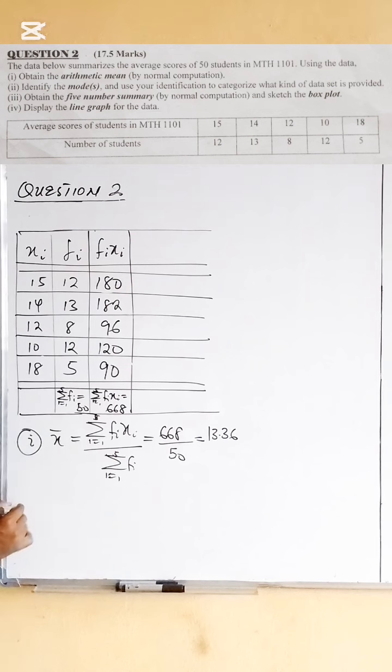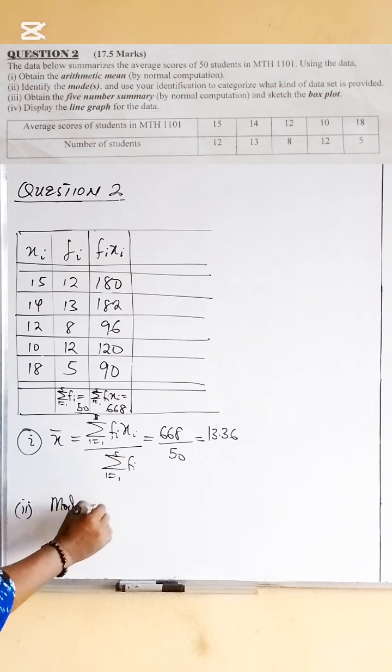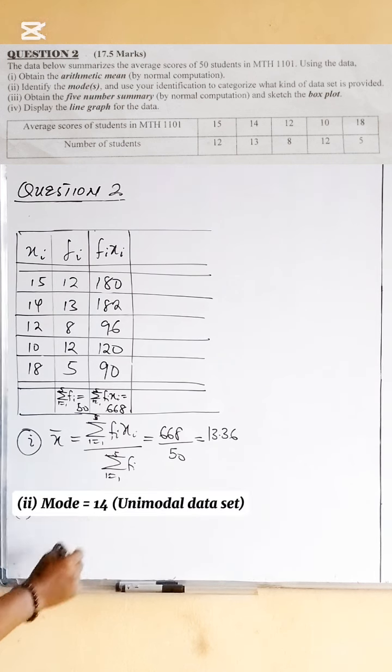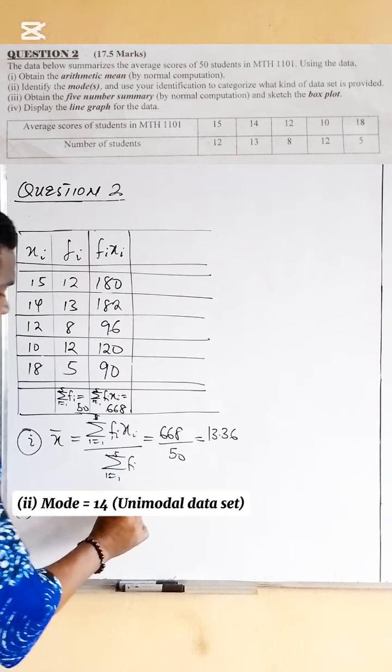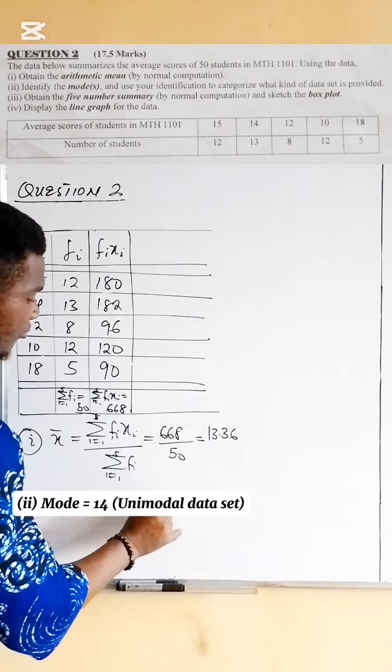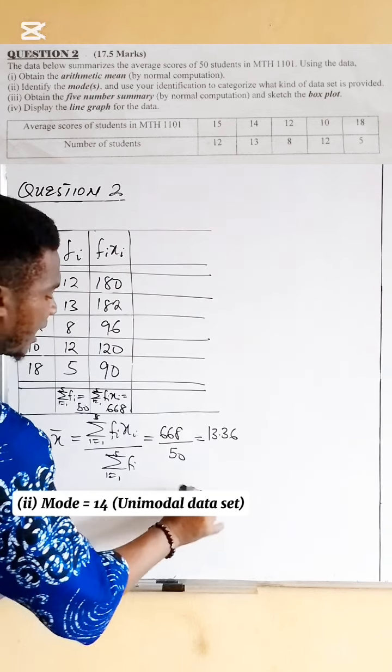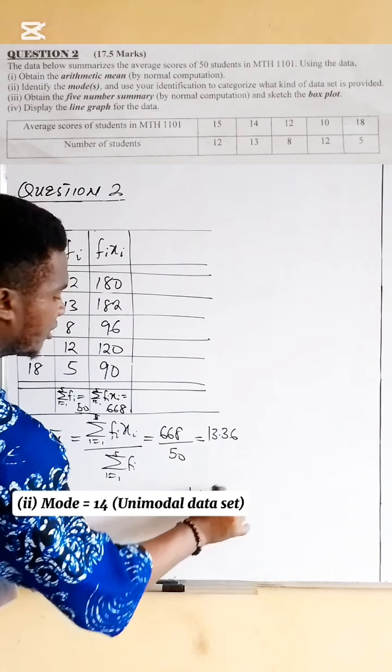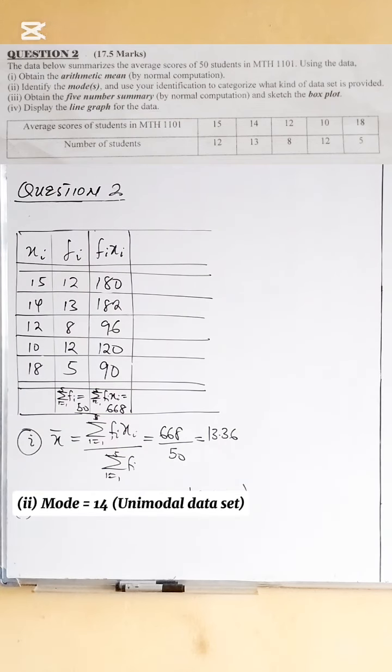That means our mode is equal to 14. And what kind of data set has one mode? It is a unimodal data set. And that answers that question.